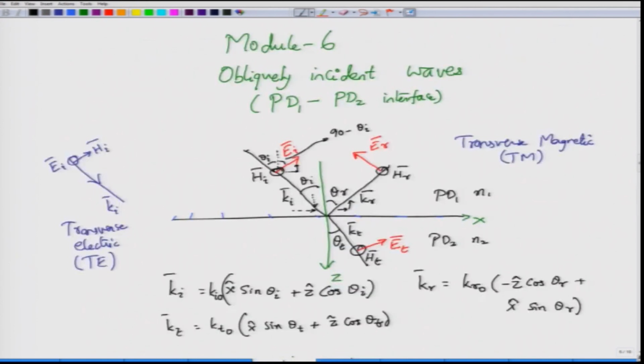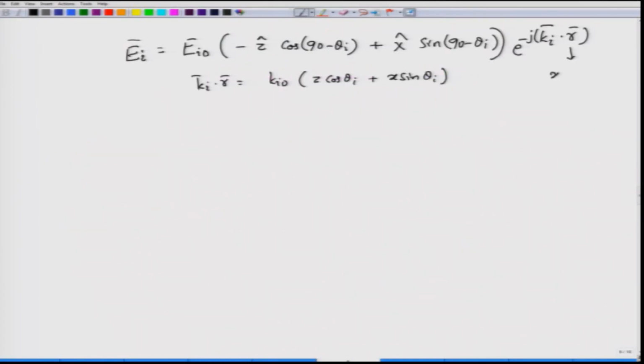Because you can go back to the Ki expression here and take a dot product with the position vector r, and in this case the position vector r is given by x hat plus z hat. This is the plane of the medium that we are actually interested in. So, when you look at Ki dot r, this is what you are going to obtain.